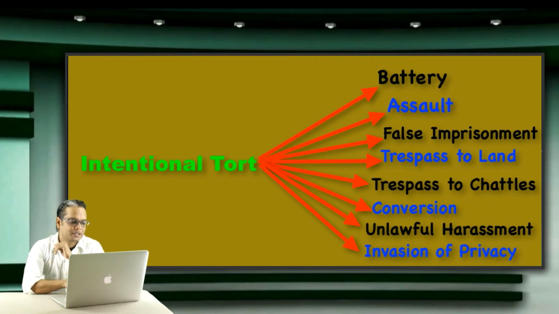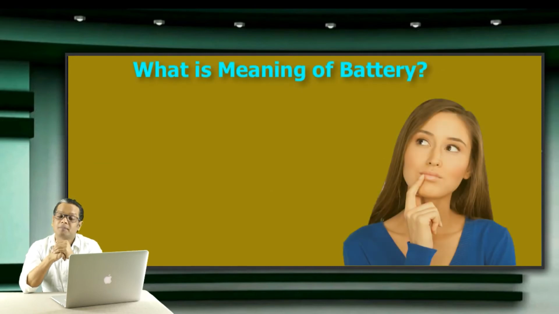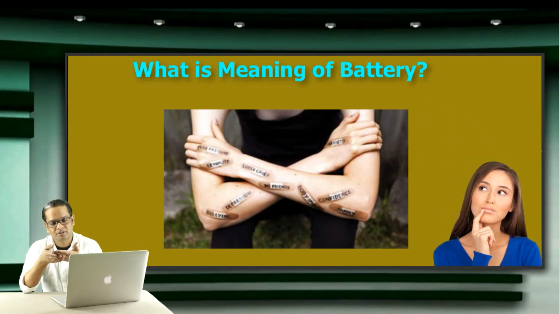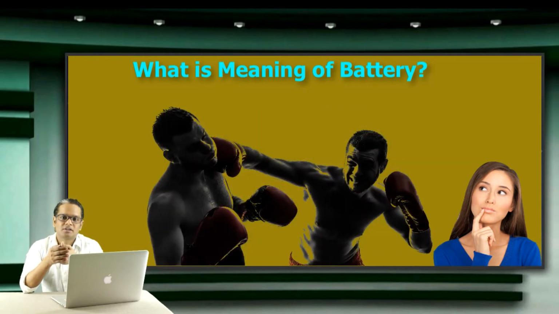Okay, let us begin with battery. So, what is the meaning of battery? Battery is when you intentionally harm another person through your act, through your action. Whatever you did that harmed the other person, it has to be intentional.